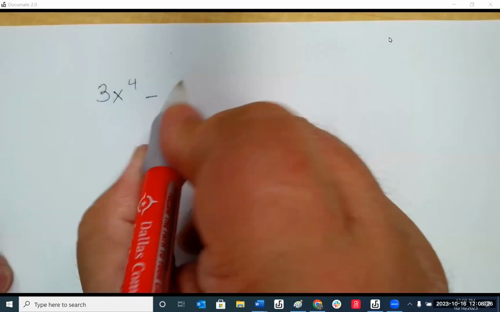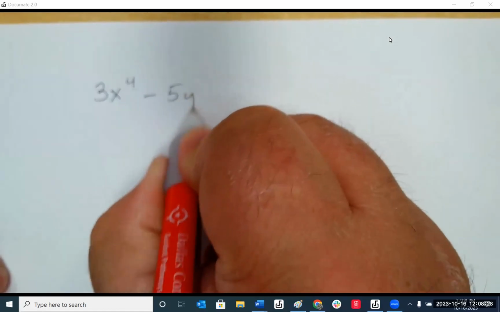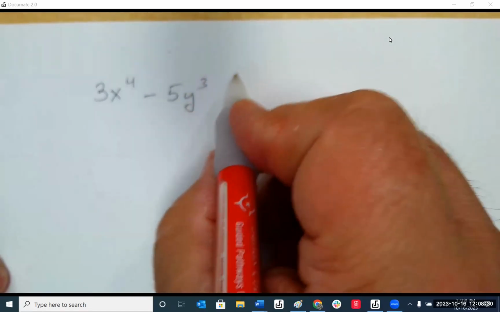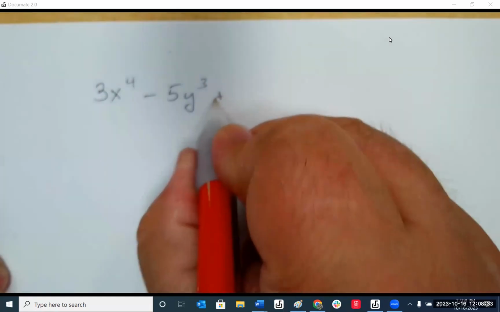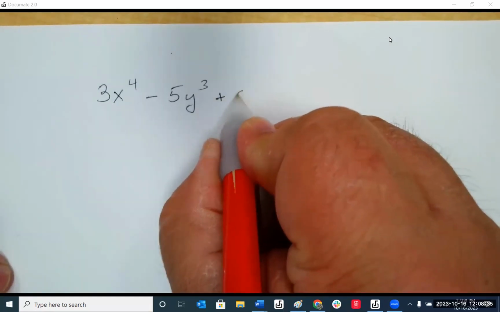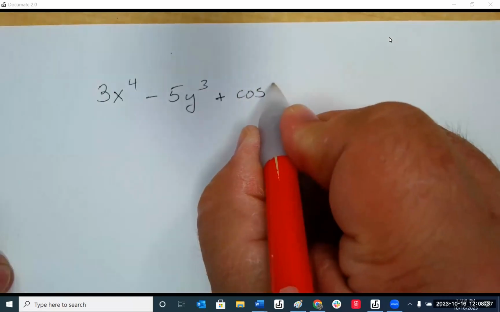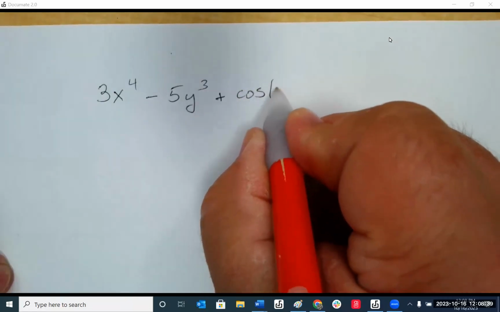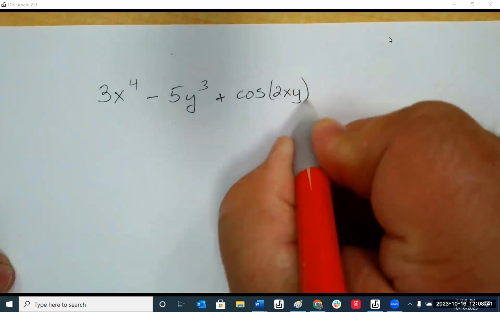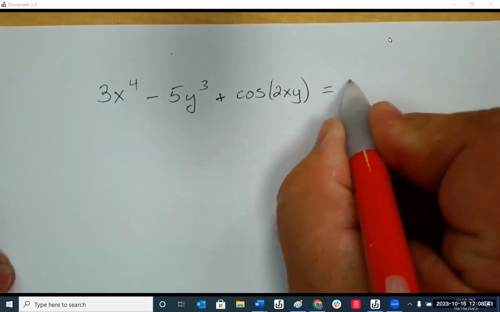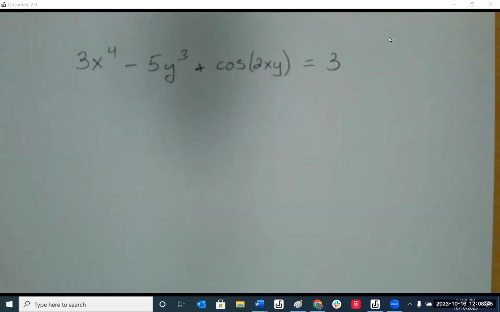3x to the 4th minus 5y to the 3rd plus cosine 2xy equals 3.